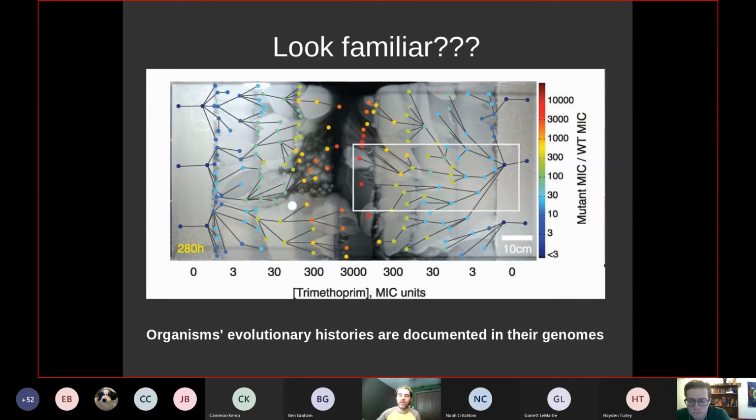Every prediction we make can be checked against this real phylogeny. Okay. This is awesome. All right. This is what biology is all about. This kind of experiment just blows my mind. They documented this real-time phylogeny with full genomes all the way as it's acquiring antibiotic resistance.